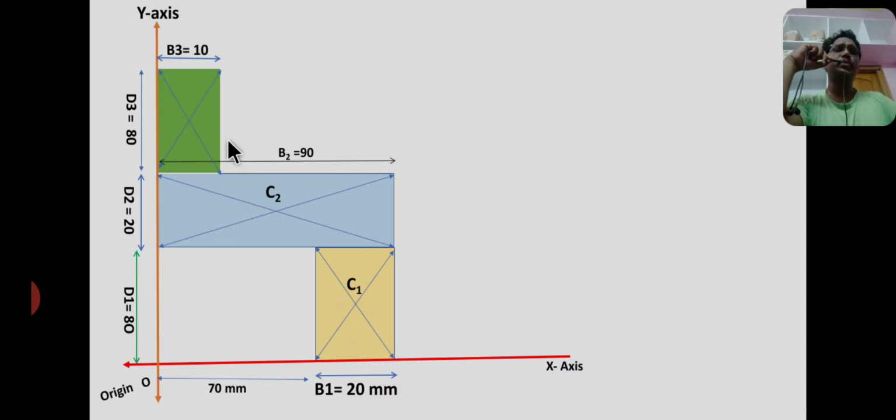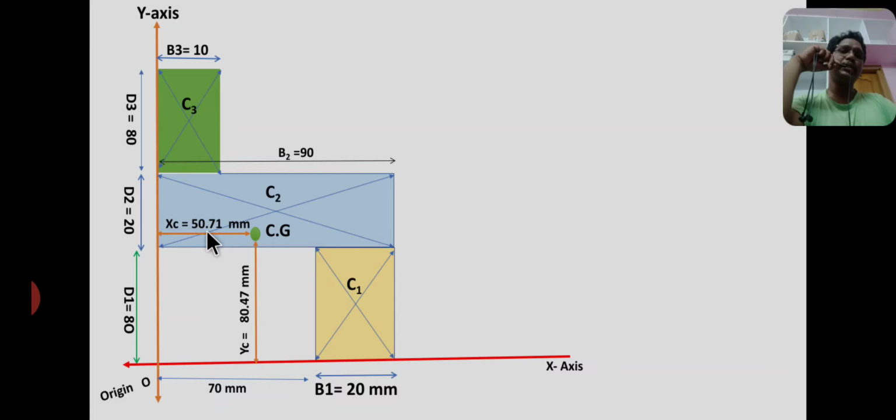C1, C2, C3 are the individual centroids, whereas CZ is the centroid of the entire composite section. CZ is the centroid of the Z section at a distance of XC from the y-axis and YC from the x-axis.